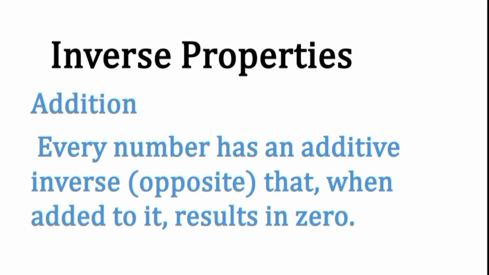The inverse properties. Still, we have addition. Every number has an additive inverse or the opposite, that when added to it, the result is 0. So, for example, we have here a plus negative a is 0.